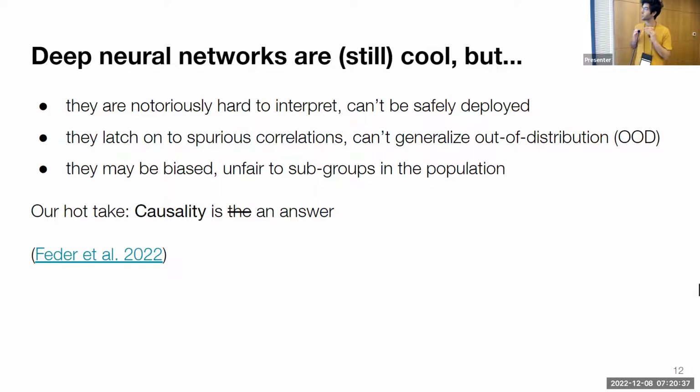Second, models can very easily latch onto spurious correlations, stuff that we have discussed before, meaning that they often fail to generalize to the out-of-distribution setting. And third, they may be biased, again from the same problem of the data that they have been trained on, and that could mean that they will be unfair to subpopulations in our dataset.